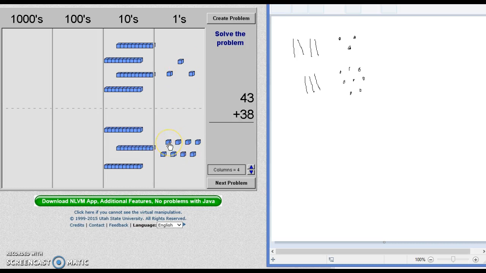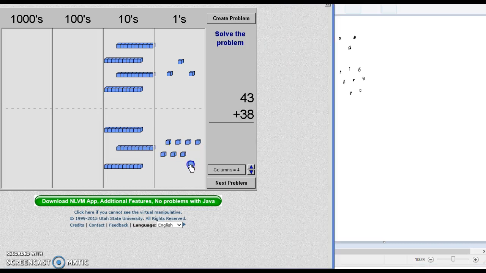Now, if students have been working with base blocks all along, it is of no consequence to them to look at that and say, well, I can't have 11 1s or babies or whatever it is they call them. I need to trade that in. So I'm going to move this out of the way a little bit.